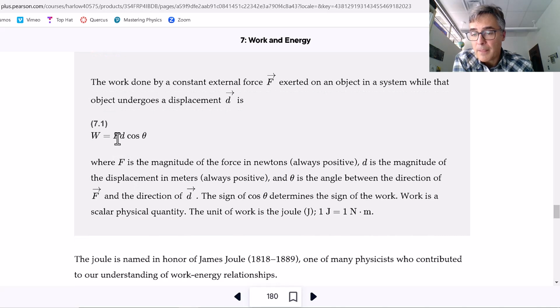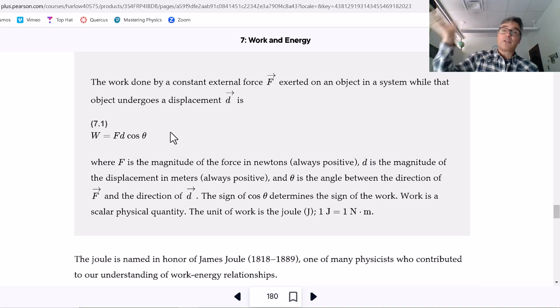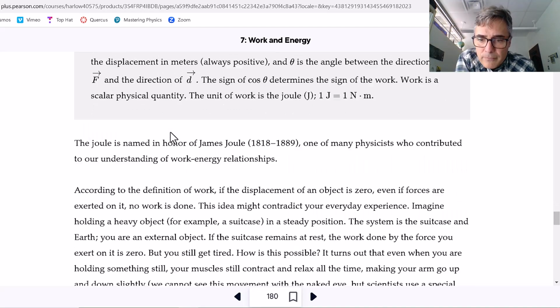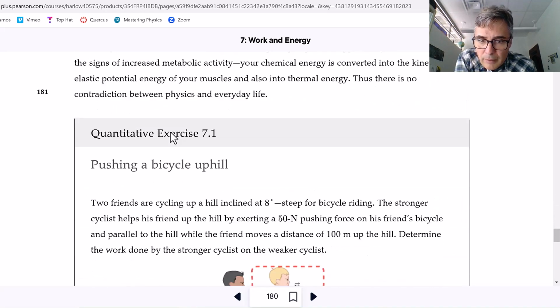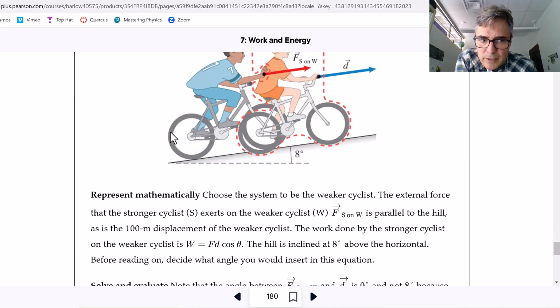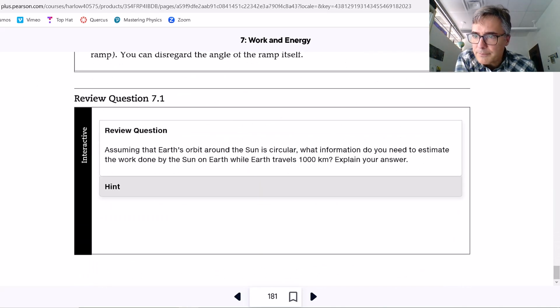The force is always positive, it's the magnitude of the force. D is always positive, the magnitude of the displacement. Then cosine becomes positive or negative depending on whether theta is less than 90 degrees or greater than 90 degrees, and that makes W positive or negative. Then there are some examples of all that.